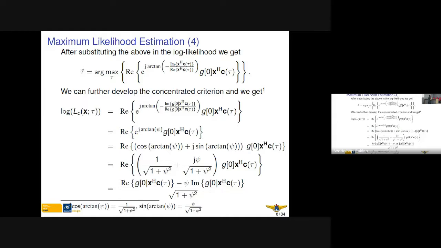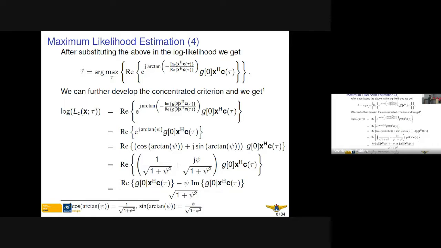At the bottom, we end up with the real part of 1 over the square root of 1 plus psi to the power of 2 plus j psi divided by the square root of 1 plus psi square. And we used here these theorems that are cited at the bottom of the slide, so that the cosine of arctangent psi is equivalent to 1 over the square root of 1 plus psi square, and that sinus of the arctangent psi is equivalent to psi over the square root of 1 plus psi square.